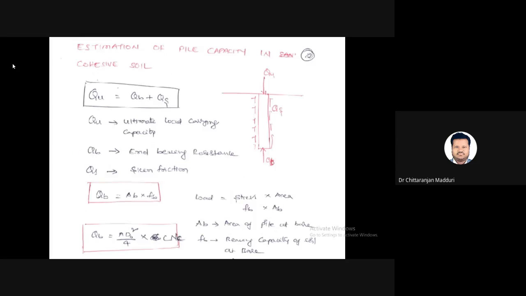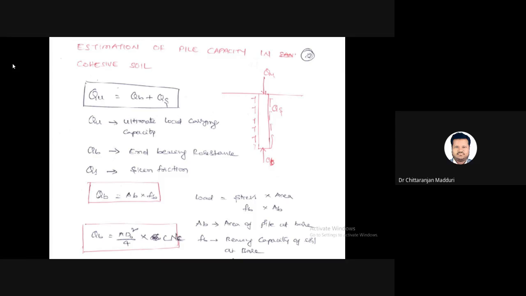So here I am taking estimation of pile capacity by using the static formula. We have two types of soils. I am taking the first one, cohesive soil. In the case of clayey soils, let us imagine it is both an end bearing and friction pile.